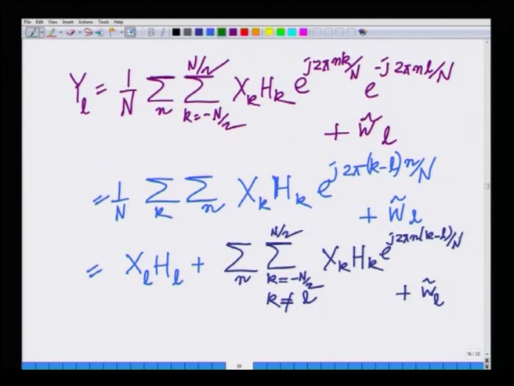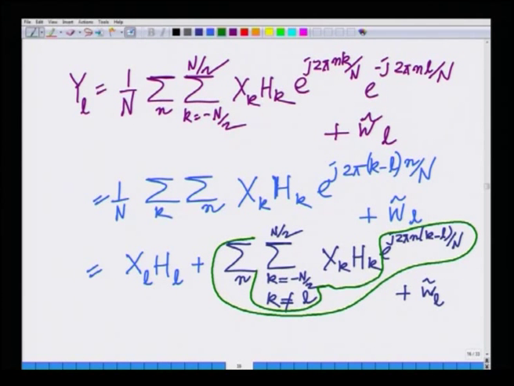In fact, when k is not equal to L, this summation over n of e^{j2πn(k-L)/N} is equal to 0.